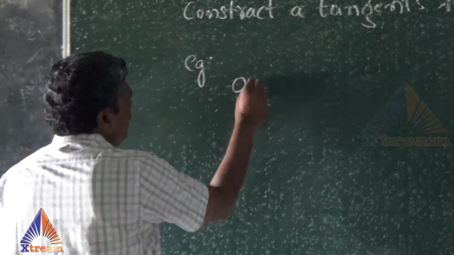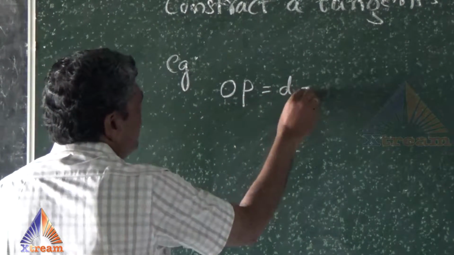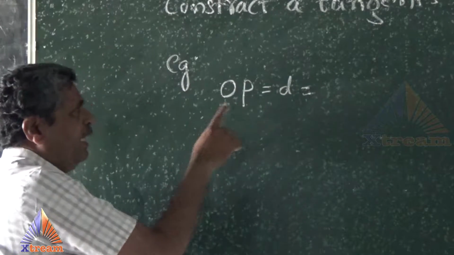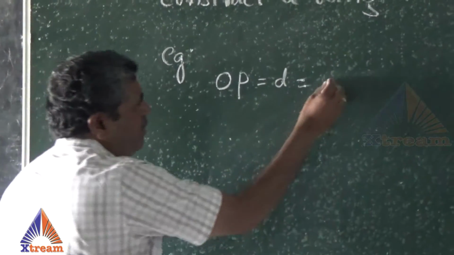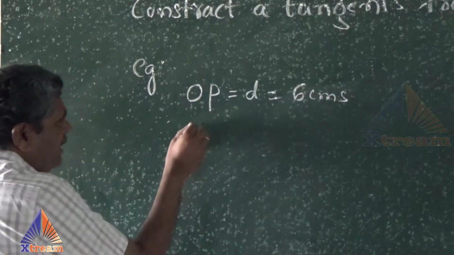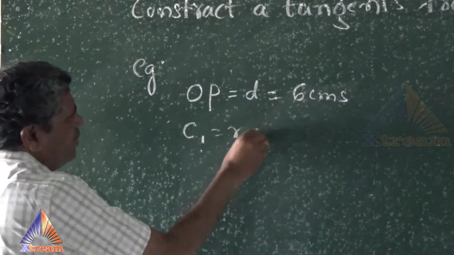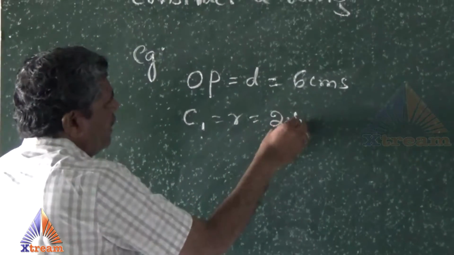Now all of you know, we can take the point O as the center of the circle, and P is an external point. The distance between the center and the external point is D, and we take it as 6 centimeter. Then the radius of circle C1 is R equal to 2.5 centimeter.